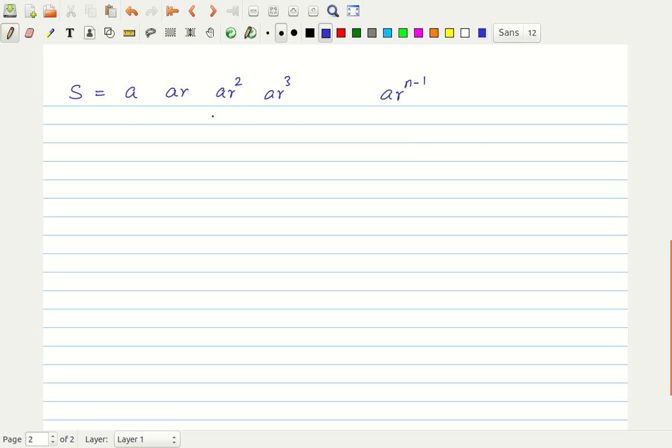So R is the common ratio, and A is the first term. And the nth term is A times R to the power n minus 1.